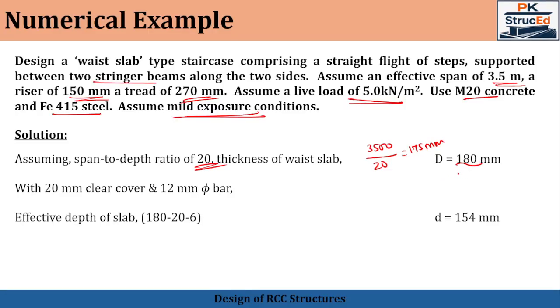Now adopting the overall depth as 180 and assuming a clear cover of 20 mm with a main reinforcement diameter of 12 mm, the effective depth of the slab can be calculated as 180 overall depth minus clear cover and minus half the diameter of the main reinforcement. You will get the effective depth as 154 mm. Here the depth assumption is the first step and must satisfy the strength as well as the serviceability requirements.